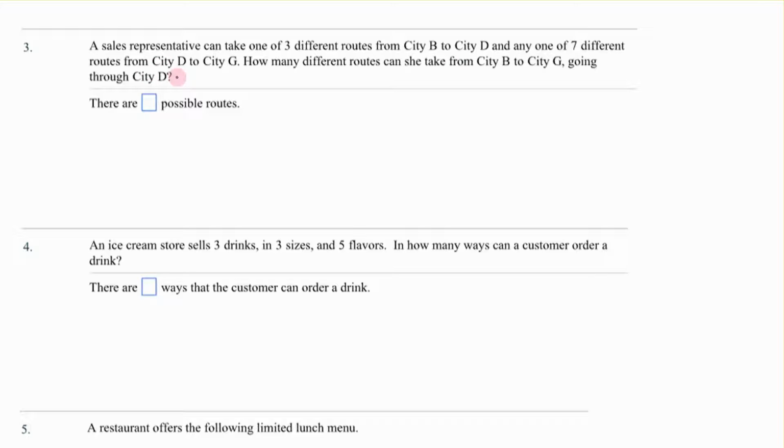She's going to go from B to D, and then she's going to go from D to G. There are how many ways to get from B to D?